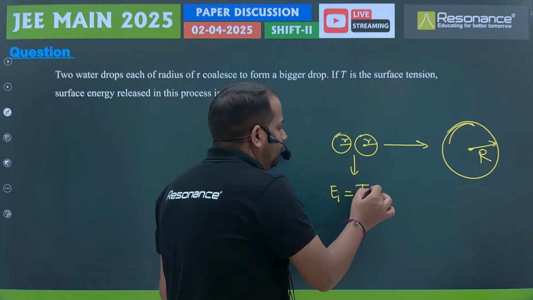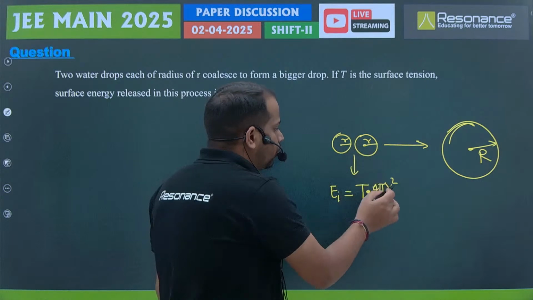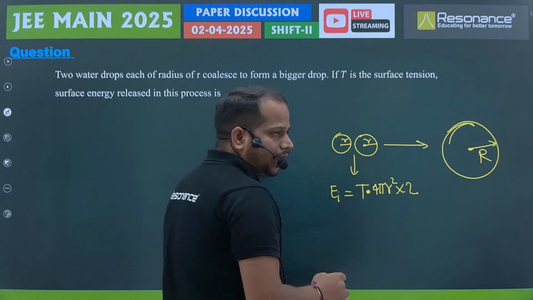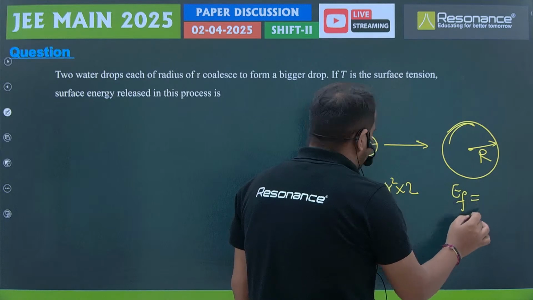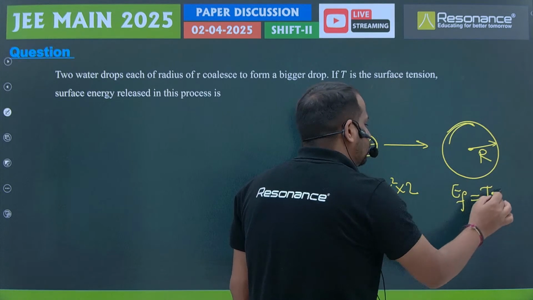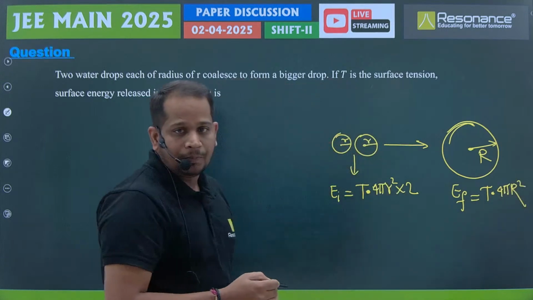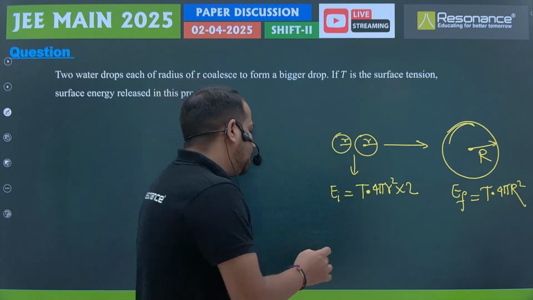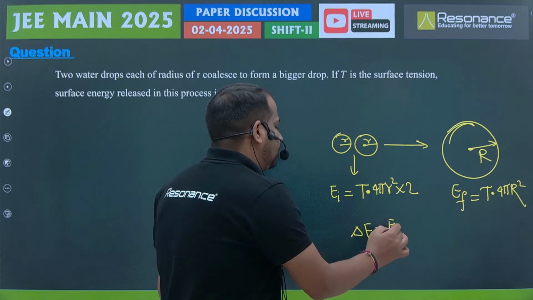It's T into 4 pi r square. But there are 2 drops, so just multiply by 2, right? For the final one, it's T into 4 pi capital R square over here, right? Now if we are asked for delta E, just subtract initial minus final.